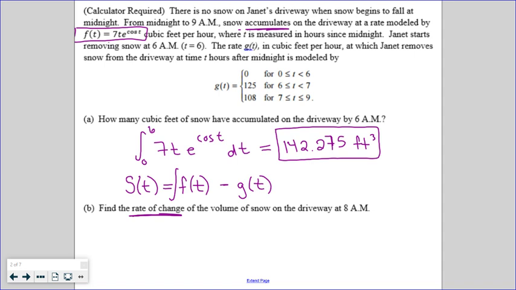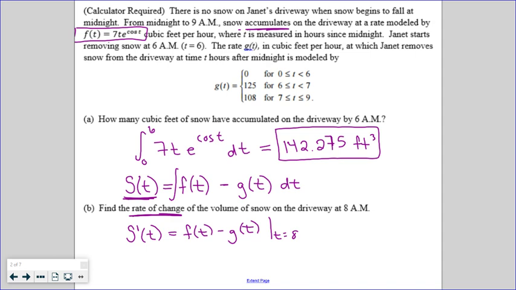If I want to know the rate of change of the volume of snow, it is going to be its derivative. The derivative of an integral is just the function inside, so that would be f of t minus g of t.